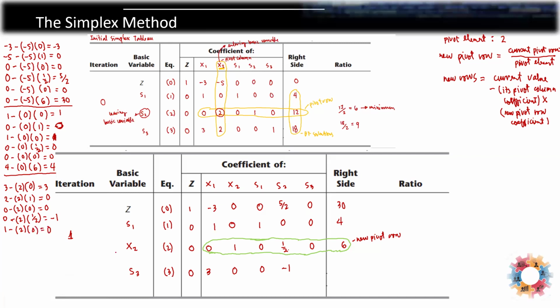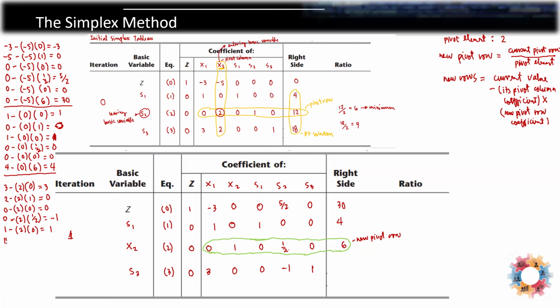So this is equal to 1, not 0. 2 times 0 is 0, but you have 1 minus 0 is 1. And then last, 18.